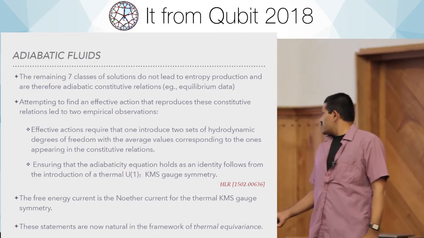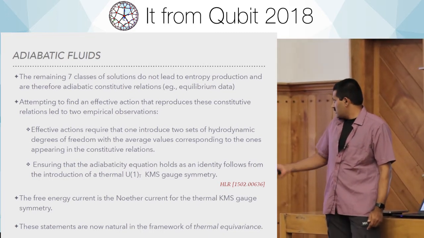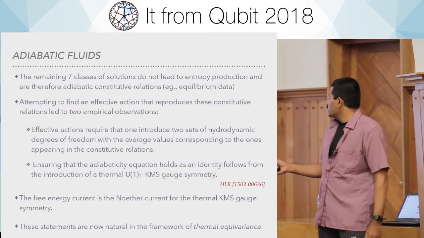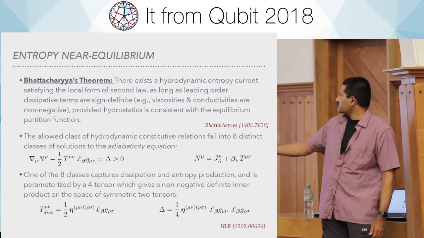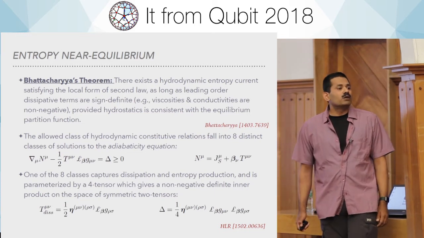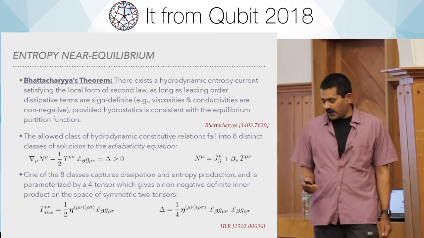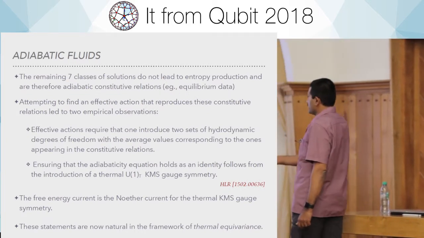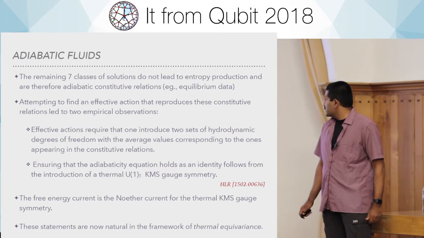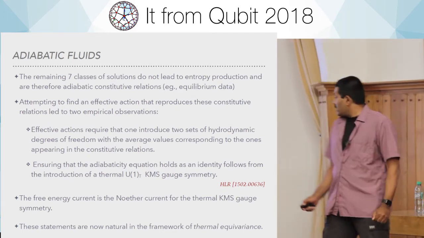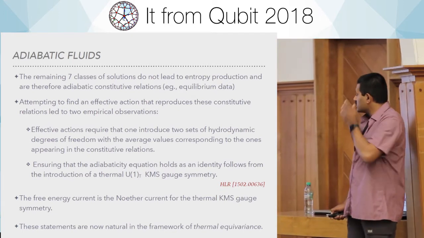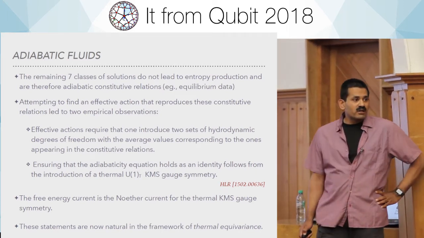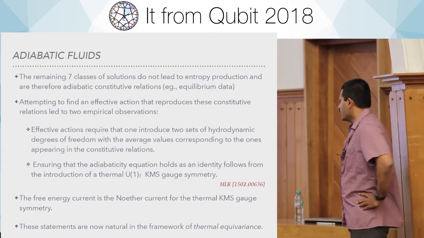To reduce those ambiguities, we hypothesized a new symmetry principle that ensured that this equation with delta equals 0 was obtained as an identity. And in that context, it was still true that the free energy current was the Noether current, but now of the symmetry that we proposed. I'll explain the symmetry in a while.